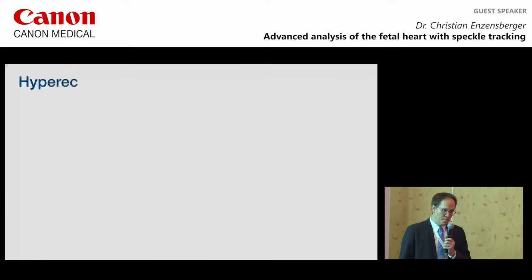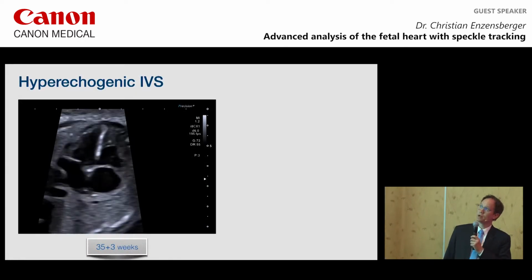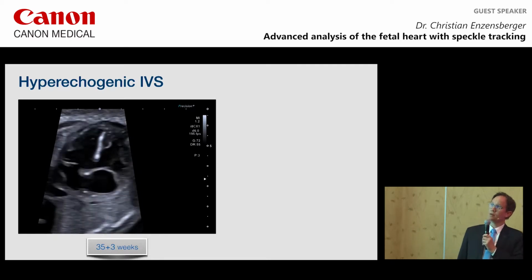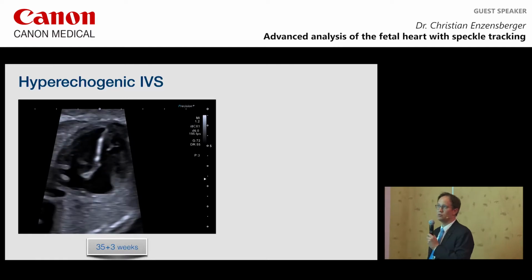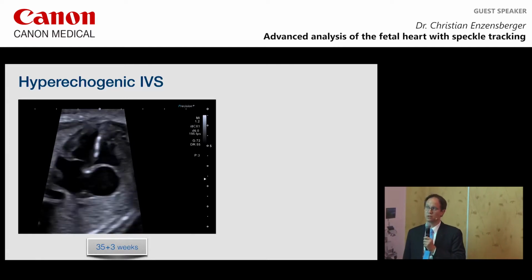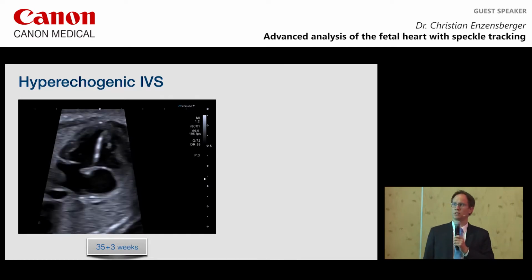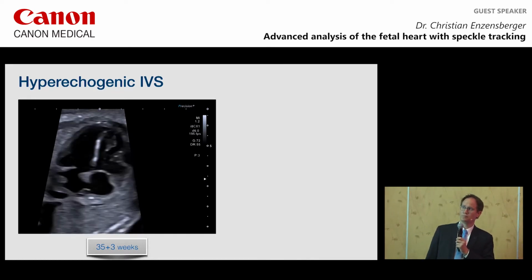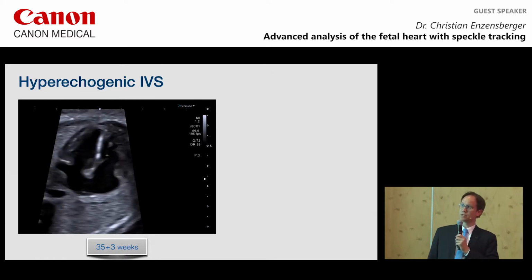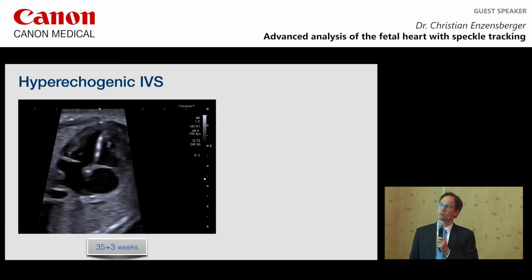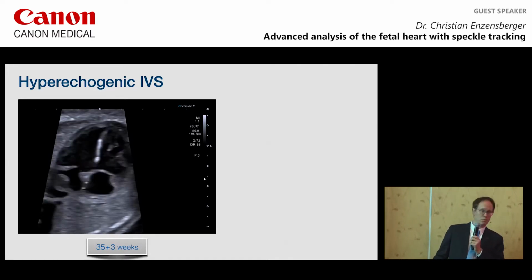A next example I would like to give is this case. It's an interesting one. A patient was referred to our department at the end of 20 weeks of gestation, and the local gynecologist said, "It's a bit strange, because in the four-chamber view you see this very hyperechogenic interventricular septum."